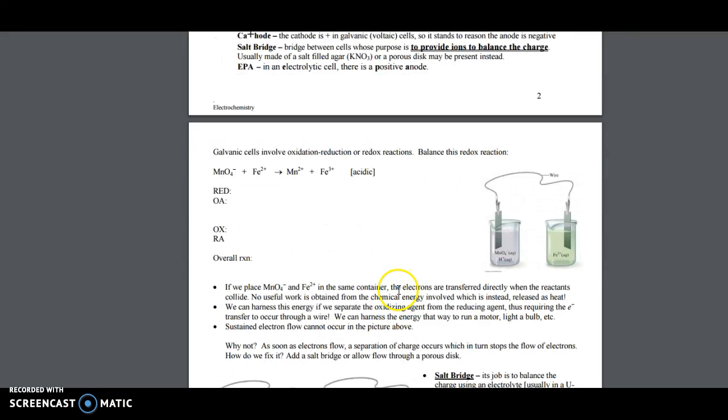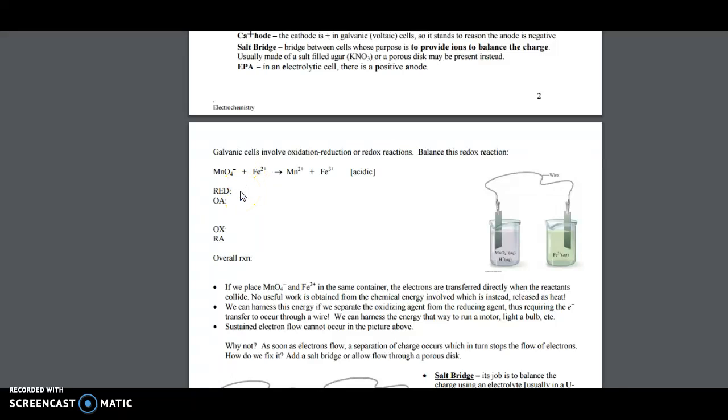All right, we have a different reaction in this next example. Here we have MnO4 in our left cell and Fe+2 in our right cell, and we're reacting them by connecting them with a wire. They're missing the salt bridge, but we might need to draw that in later. They want us to just balance the equation. So we have MnO4 and Fe+2 going to Fe+3.